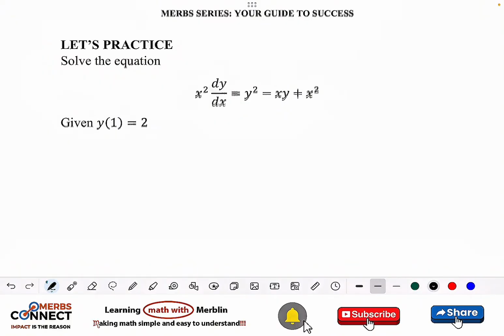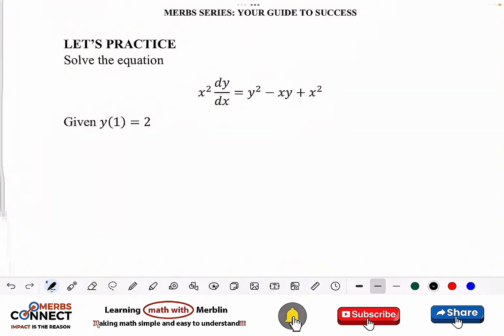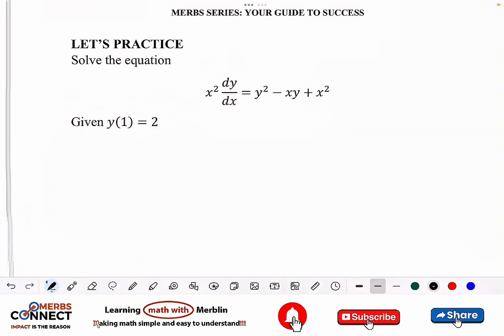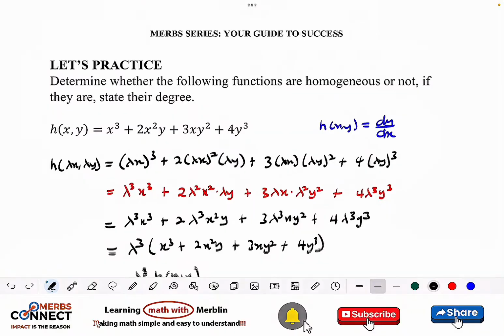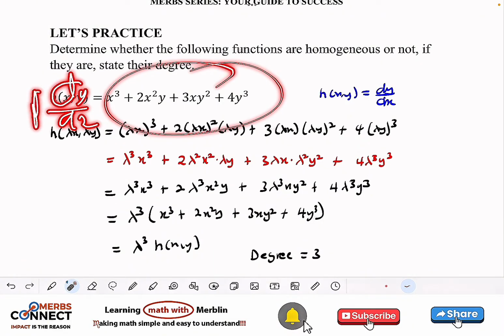Now let's start. For a homogeneous differential equation, the standard form should be like this, something like h of x, y, with dy over dx equals something and the coefficient being 1.